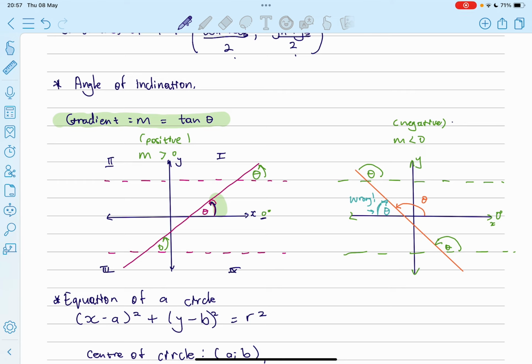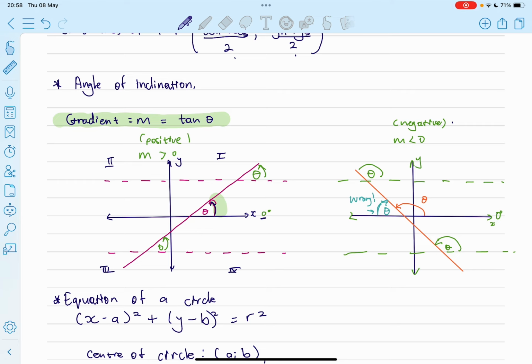That is the angle of inclination, and if your gradient is positive, meaning it's greater than 0, then your angle of inclination will be acute, meaning that it will be less than 90 degrees. On the right here, we have an example where your gradient for your line is negative. So with a negative gradient, you find that that angle of inclination is much wider.